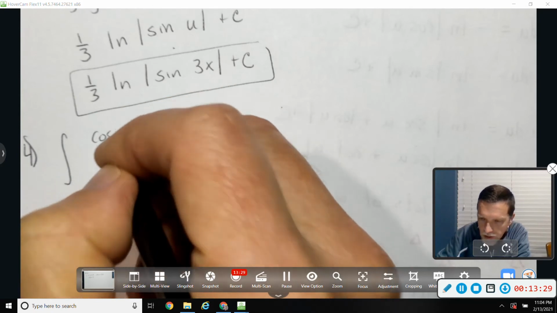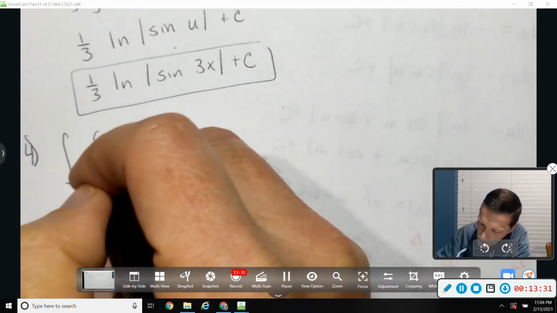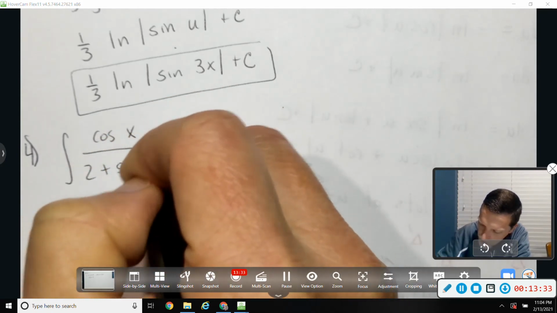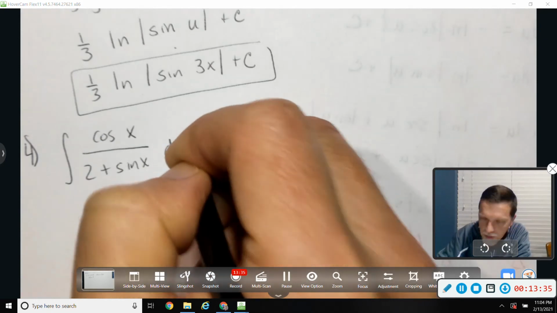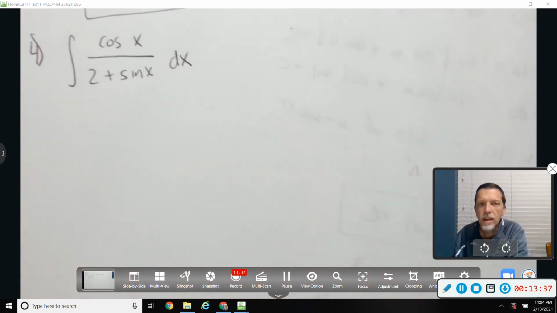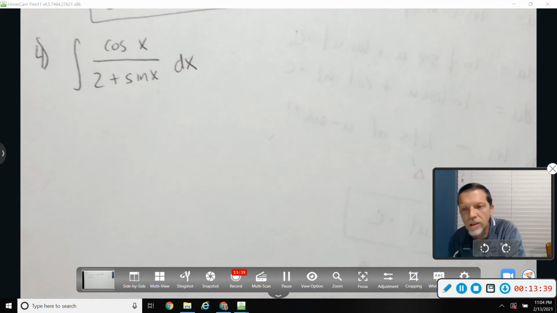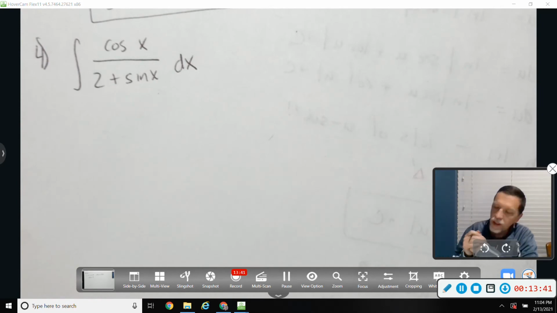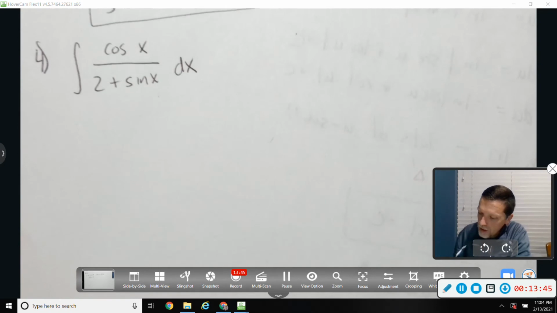Antiderivative of cosine of x over 2 plus sine of x dx. Again, u substitution, u substitution, u substitution. I want to pick u so that du shows up.